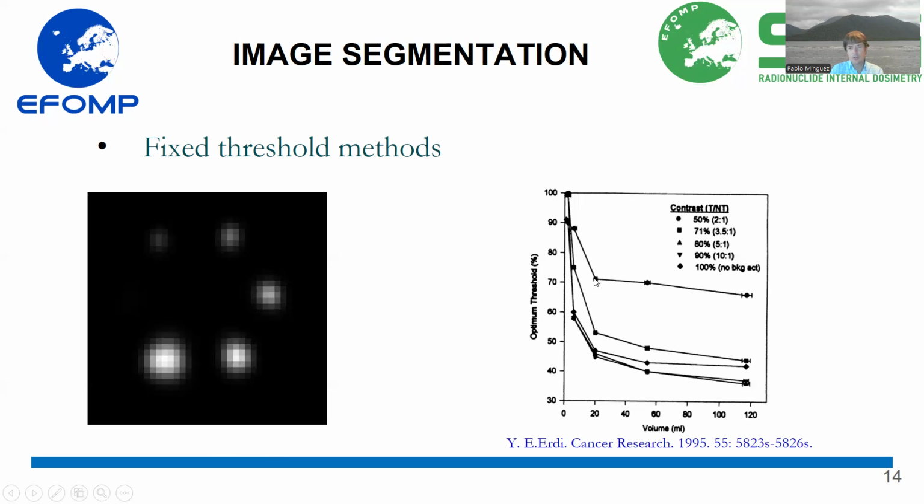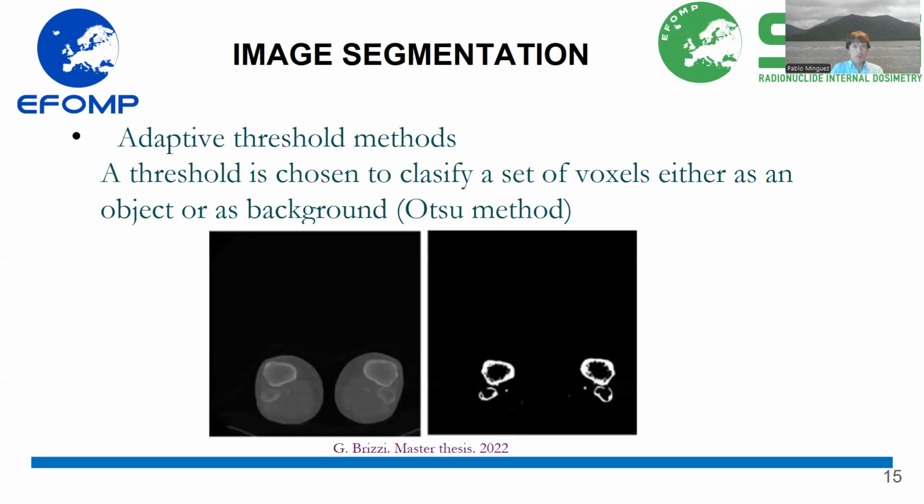I mean, not in all cases will the value of 40% be valid. We could also use adaptive threshold methods. In this case, the threshold is chosen to classify a set of voxels either as an object or as background. As we can see here, on the left-hand side we have the image, and on the right-hand side we have the delineated, the segmented image.